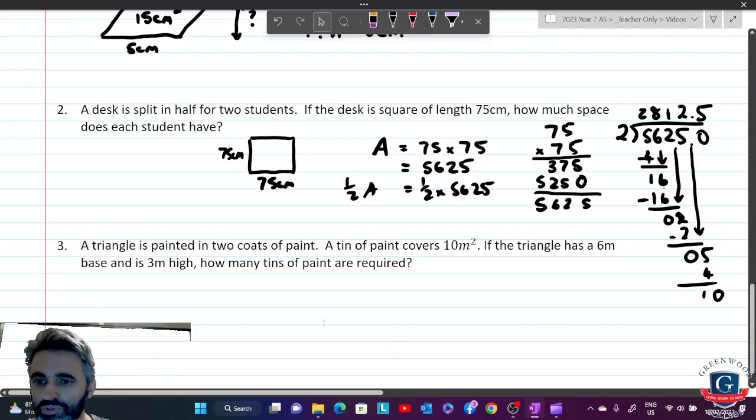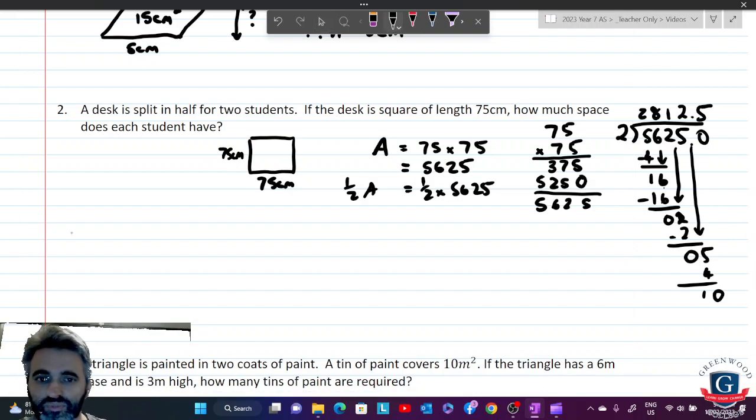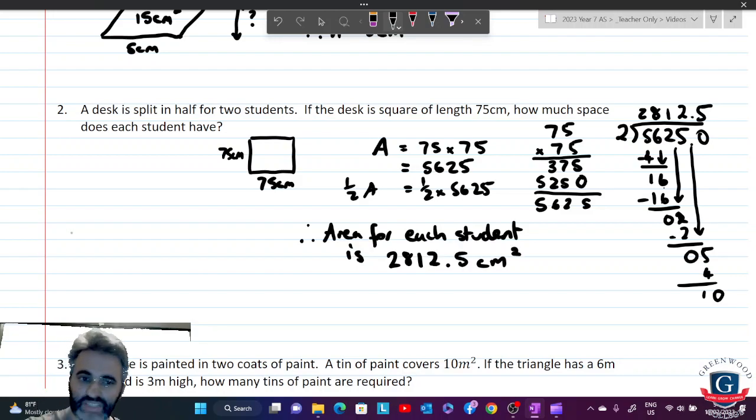I need to make a bit more space here. Therefore, area for each student is 2812.5 centimeters squared. If I didn't make a mistake.